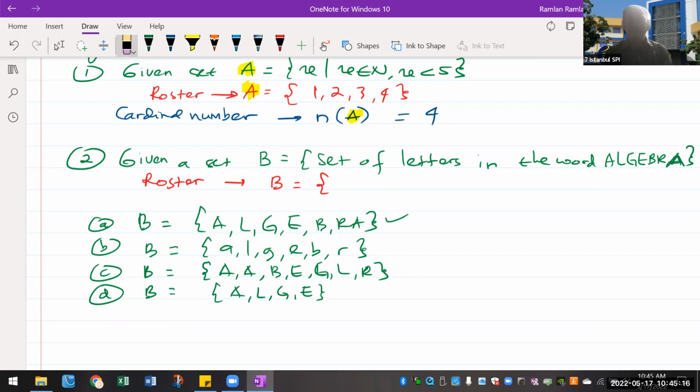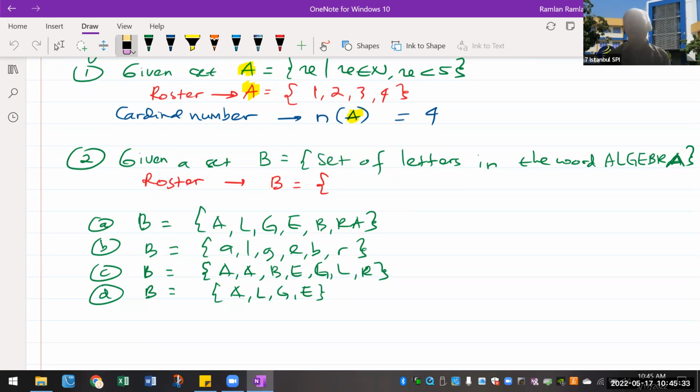Okay. Now let's discuss, guys. So which one is the most correct one? It doesn't mean that it's incorrect. Maybe it's correct, but it's not perfect.